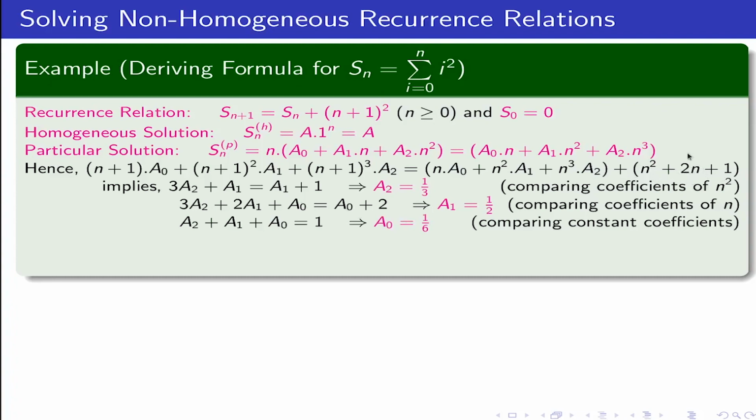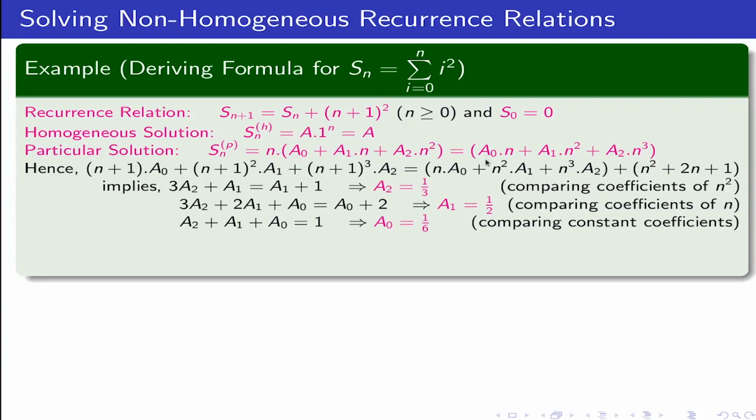Sorry, this is 2 because I am comparing the coefficient of n. So now a0 cancels out. So a1 I can get because I know the value of a2. So a1 becomes 1/2. Now comparing the constant coefficients, we will get here a0, this is a1 here and a2 here will sum to 1. So then I will just get a0 equal to 1/6.